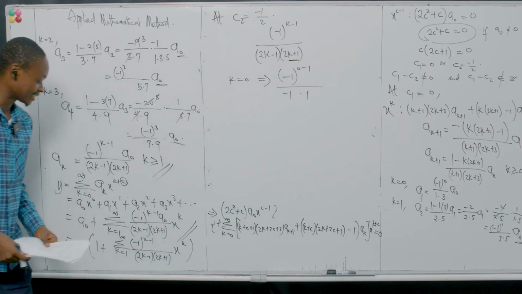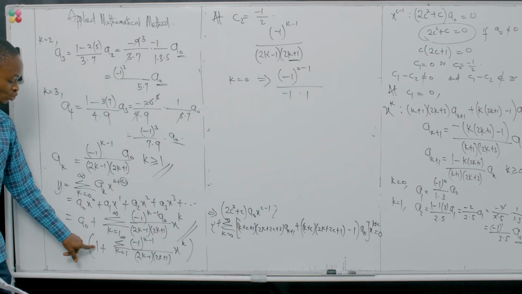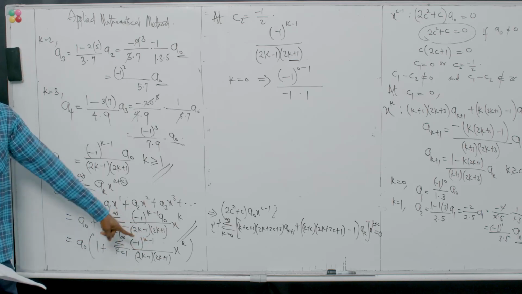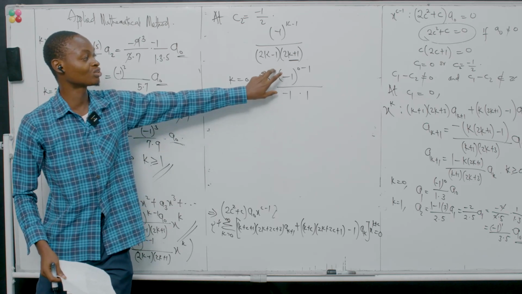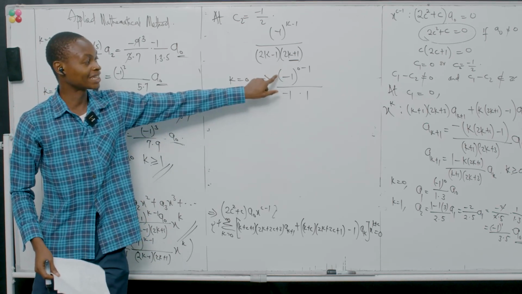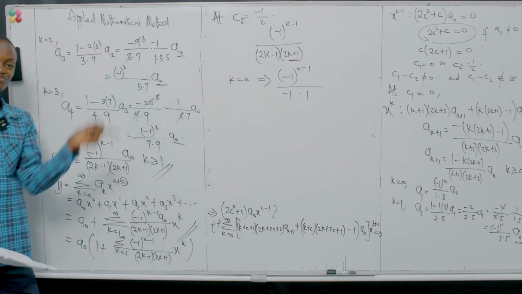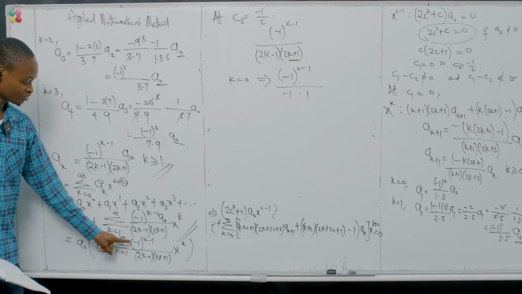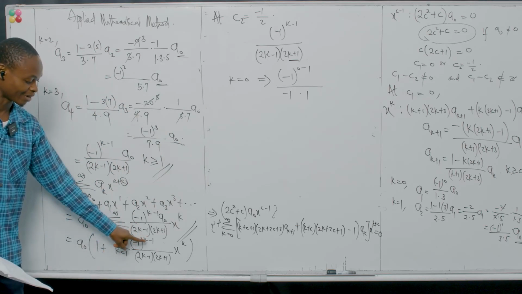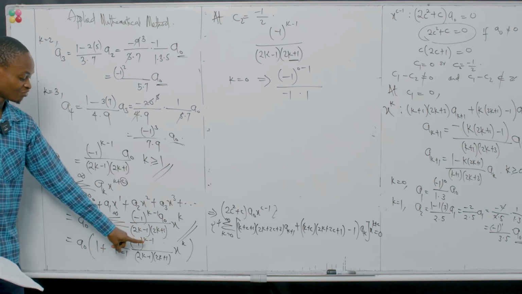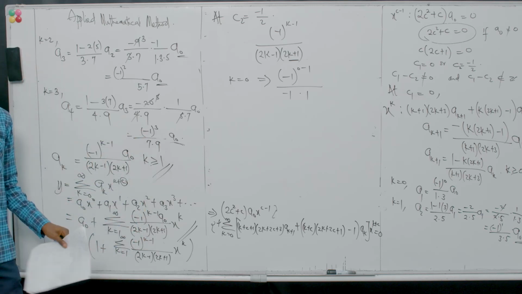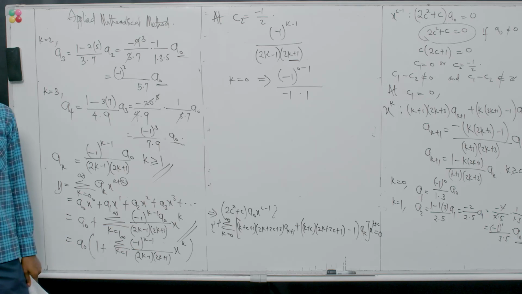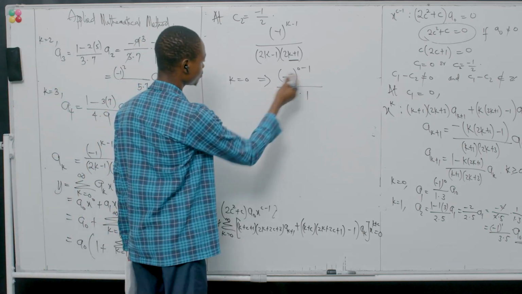Which means essentially that if we want to rewrite this one into this summation, it suffices for us to be able to start this alternate counter from the previous alternate version. So if this one is starting from minus 1 raised to power k minus 1, what if we started from minus 1 raised to power k plus 1? What happens if we start that counter that way? Let's see.